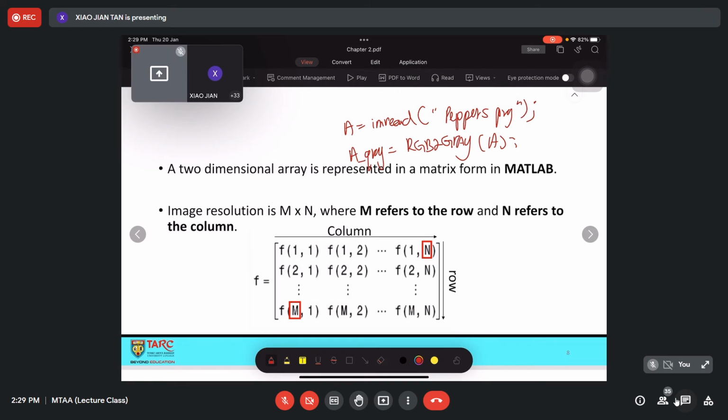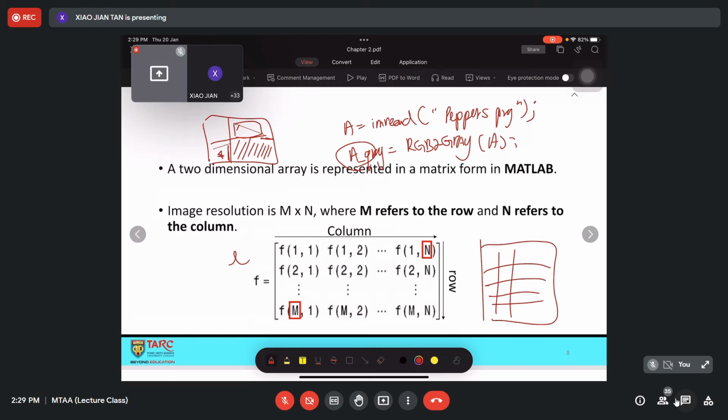Whenever it is ready, this would be your interface. The algorithm is here, and all the declared variables would be here. Let's say A underscore gray is here. If you double click it, supposedly it will show you not the image, but the values, not the location 1, 1, 1, 2, 1, 3, but instead an array with intensity values, for example 110, 120, 130, 140, 150, something like that.